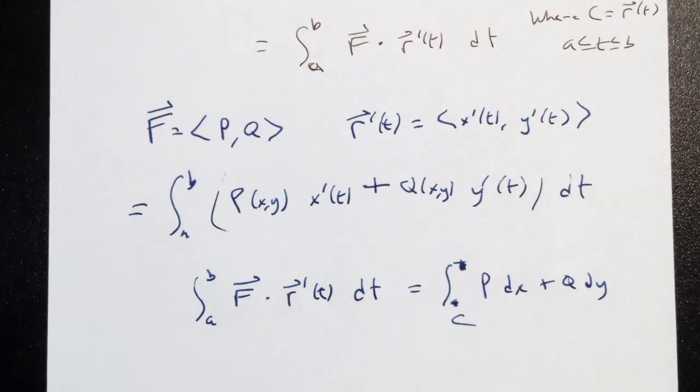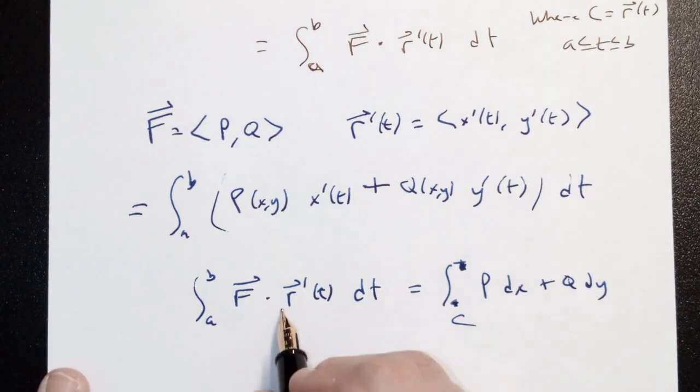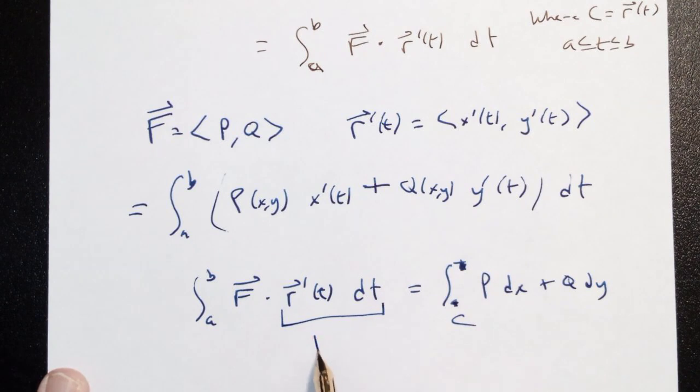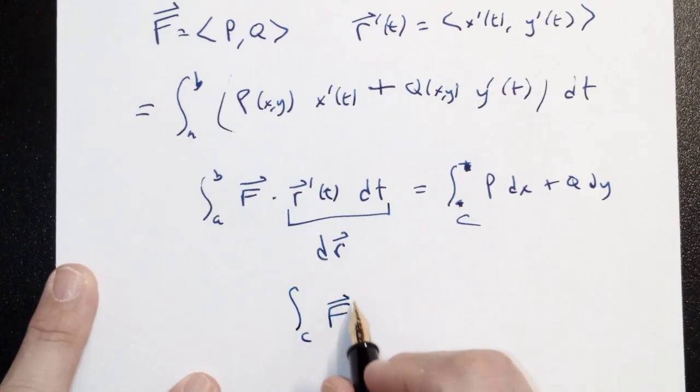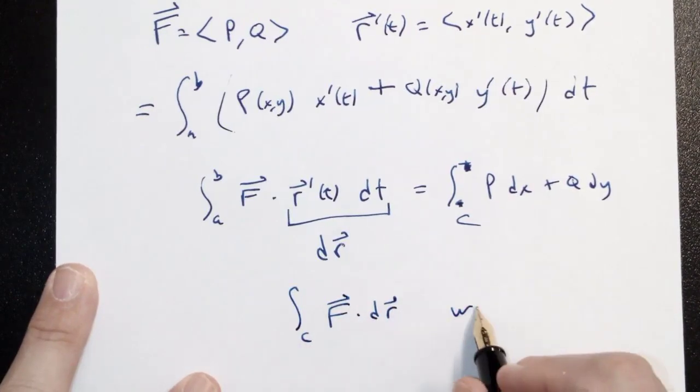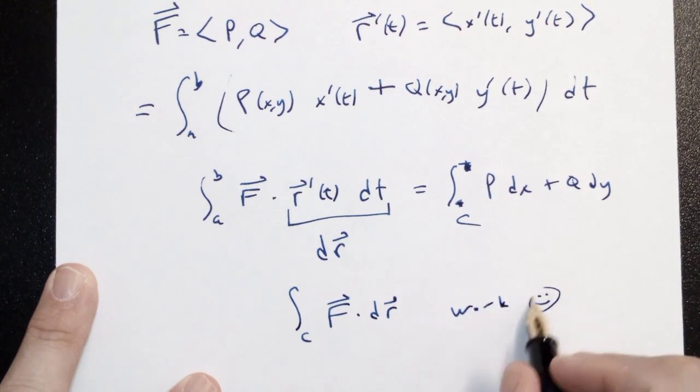Work is exactly the line integral we want. We're going to write this piece as dr. And so I'm going to write this as the line integral f dot dr to do work.